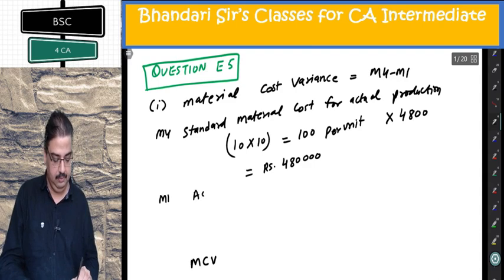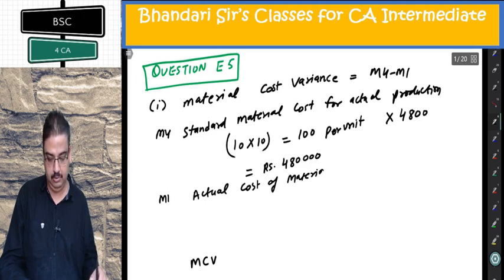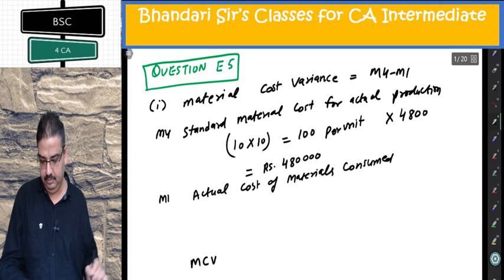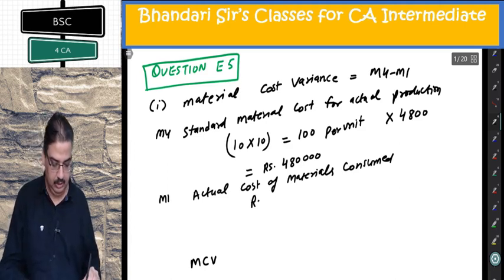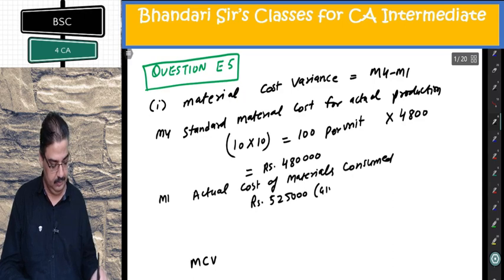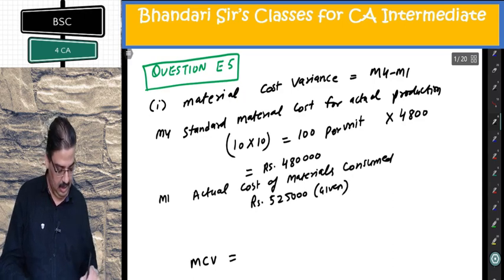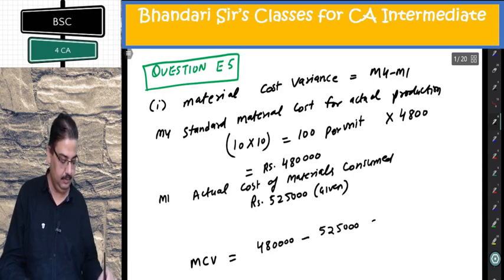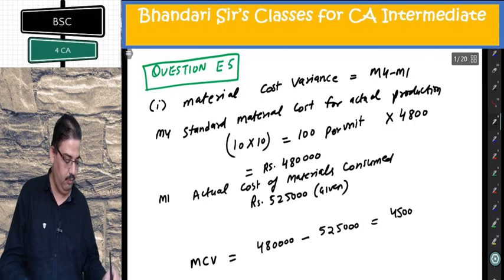M1, actual cost of materials consumed. Actual cost given rupees 5,25,000. MCV 4,80,000 minus 5,25,000, 45,000 adverse.